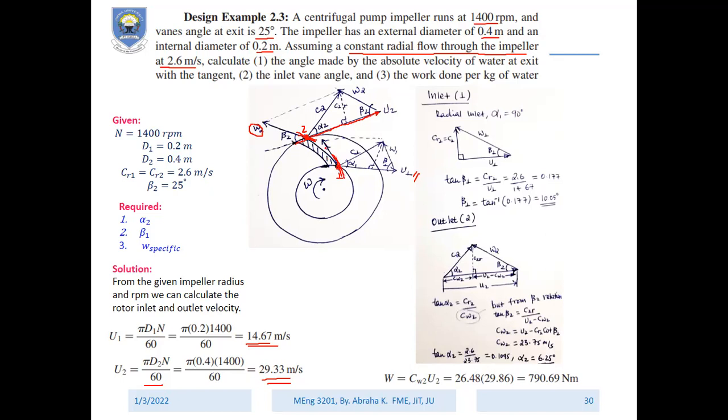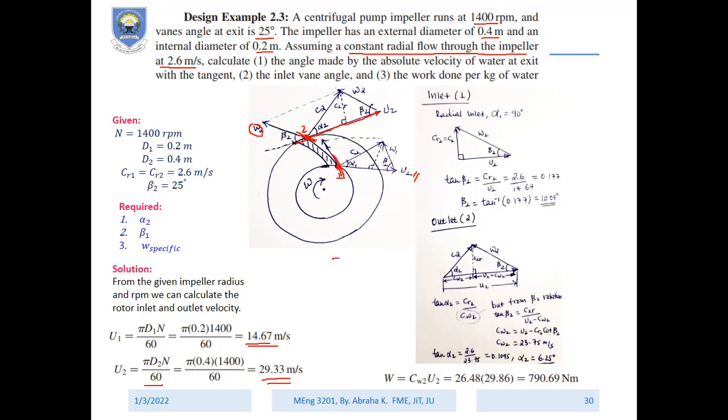This is the relative velocity at inlet. Directly, we can form the parallelogram by pulling this line to follow the U1.